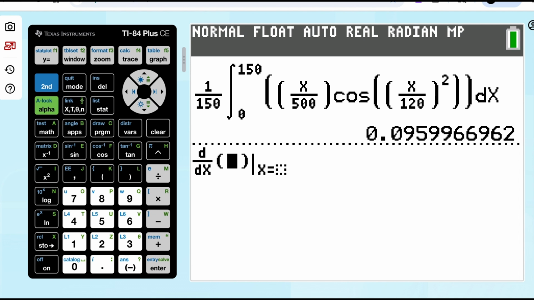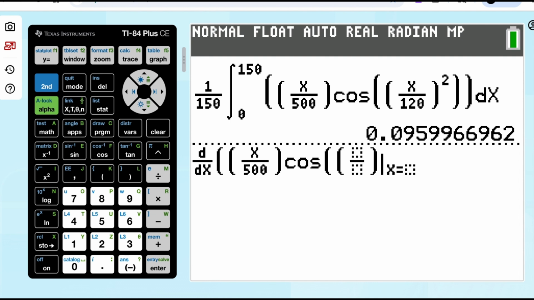And our function, once again, here was, I'm going to put a new parenthesis here, it's x over 500, and then that's being multiplied by the cosine of, and then we're going to throw some more parentheses in here.